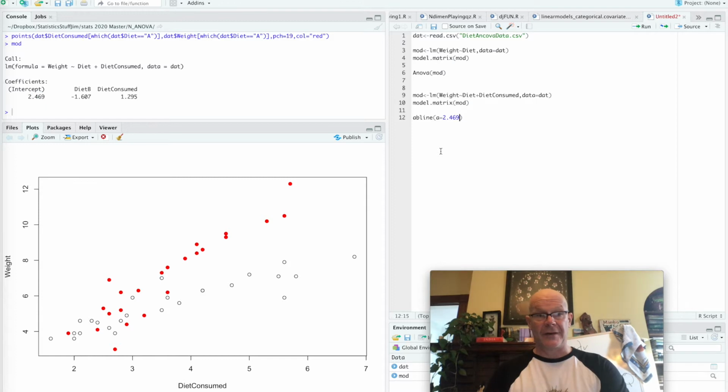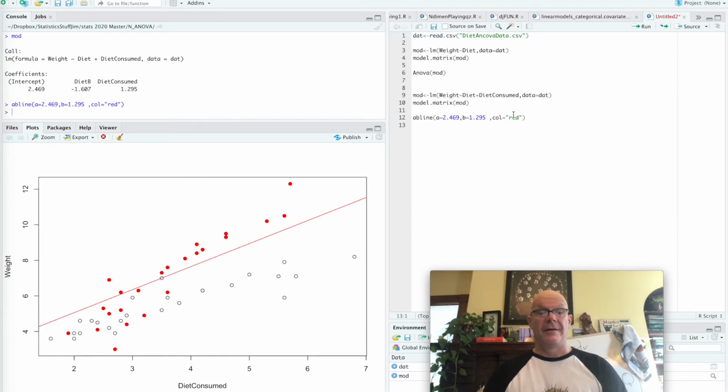Right, that's our intercept. Everybody gets an intercept. And then the slope that's associated with it is that 1.295. Okay, and then to make sure that we're keeping track here, color equals red. And there's the line that's describing the effect of being on diet A.